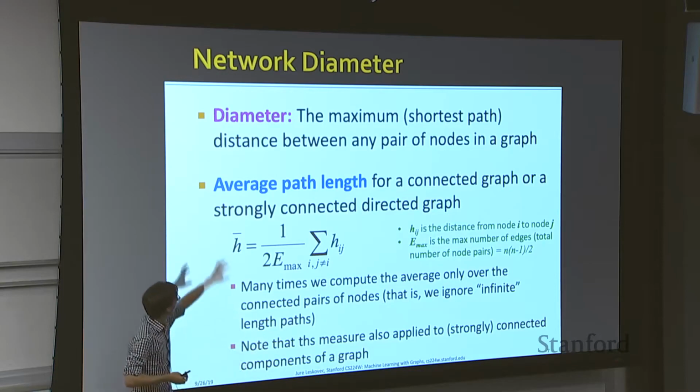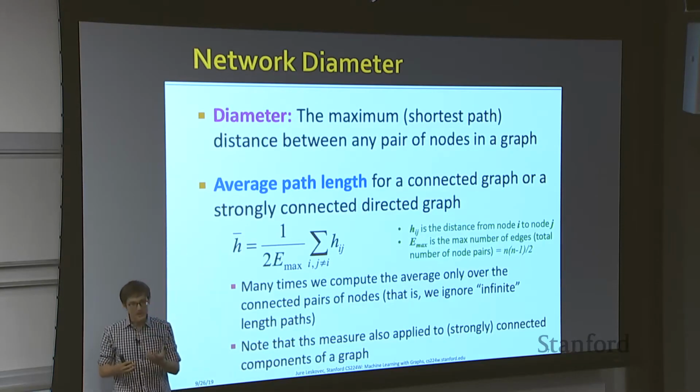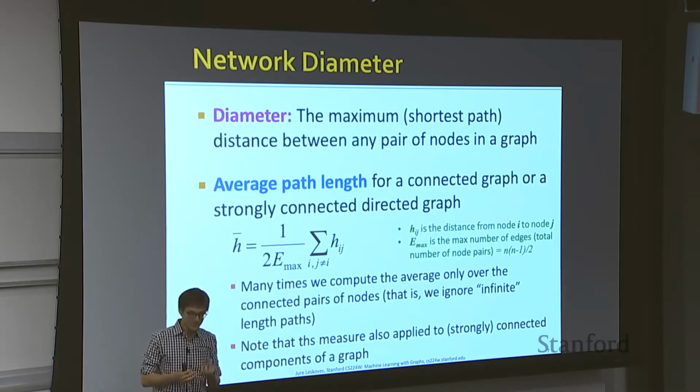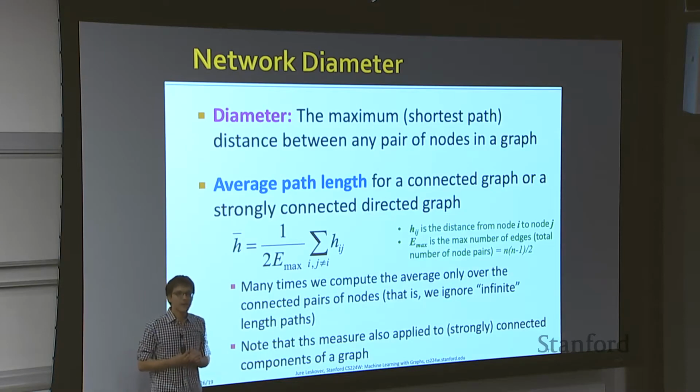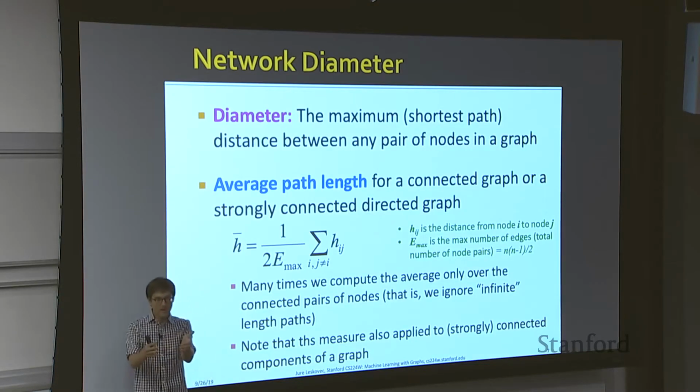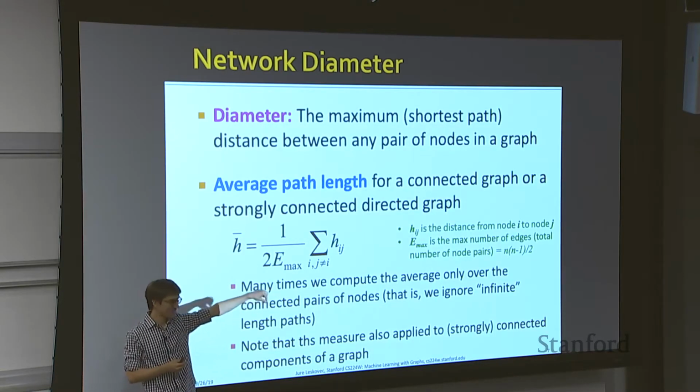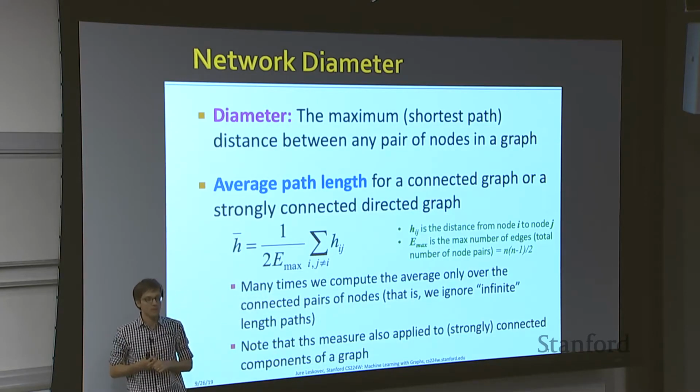When you work with real graphs, this diameter definition is not so useful because it's very fragile, right? You can have a graph that is massive but really well connected, and then you have a little string of edges, a little tentacle down, and that will totally skew your diameter.